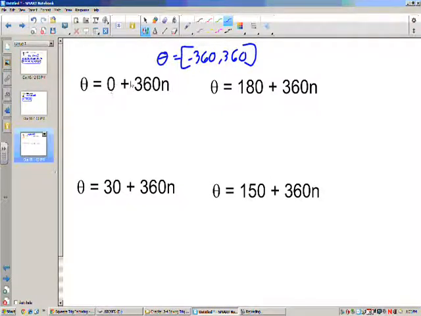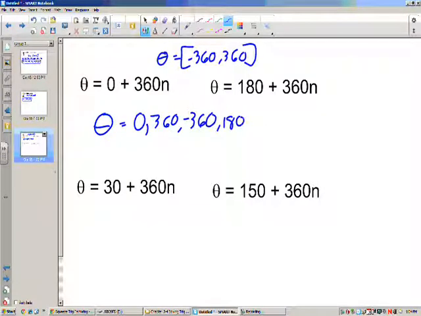well, these brackets actually matter in this particular problem because in this situation, 0 would work. If I add 360, 360 would work. If I subtract 360, negative 360 would work. And remember, those brackets mean it includes the top and the bottom, the negative 360 and 360. Now, 180 is within that range.